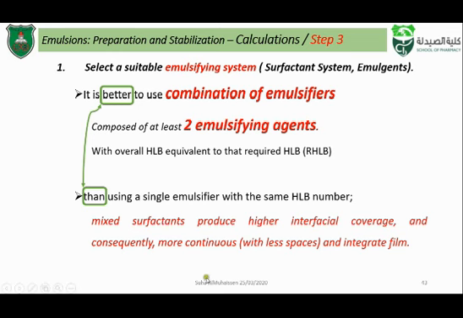Mixed surfactants do produce higher interfacial coverage and consequently a more continuous, integrated film with fewer spaces. Then we will end with a monolayer of this emulsifying system on the boundaries between those two immiscible phases, the oil and water phases.